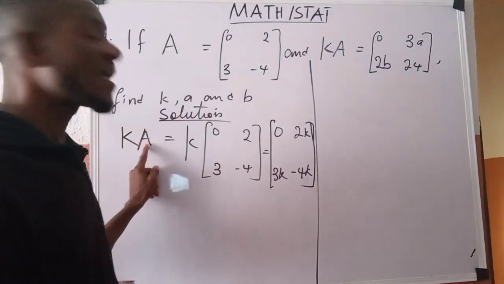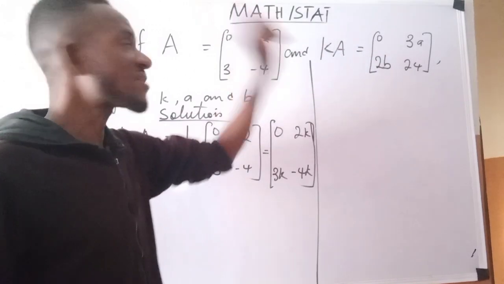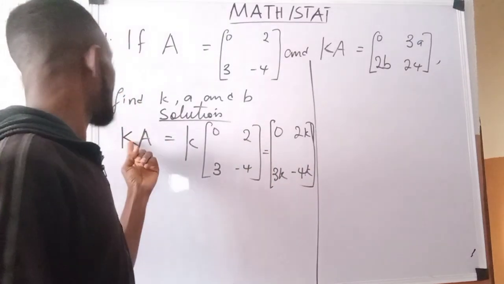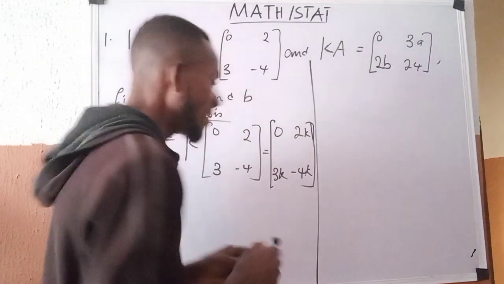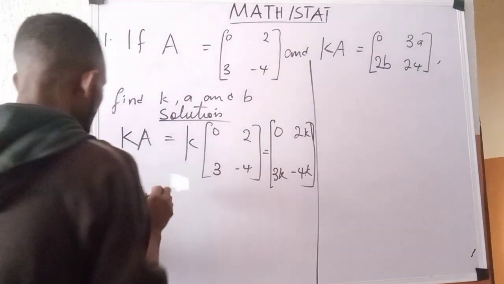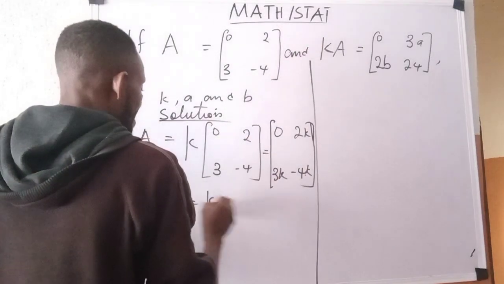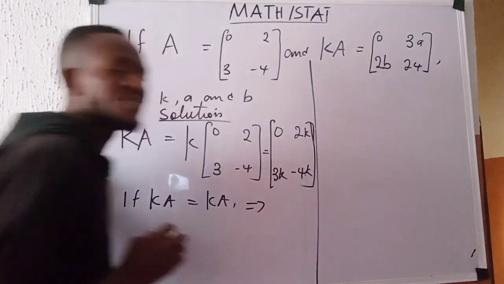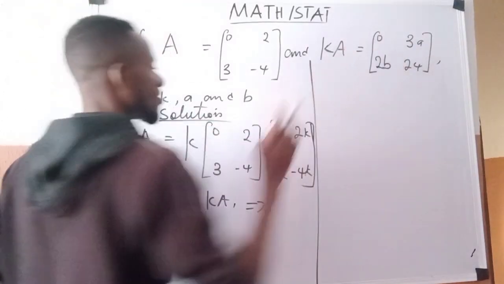So if this is KA and this is KA, it means that this quantity and this quantity are the same thing, in as much as KA and KA are the same thing. So if my KA here equals the KA they gave me, it implies that this quantity is equal to this quantity.